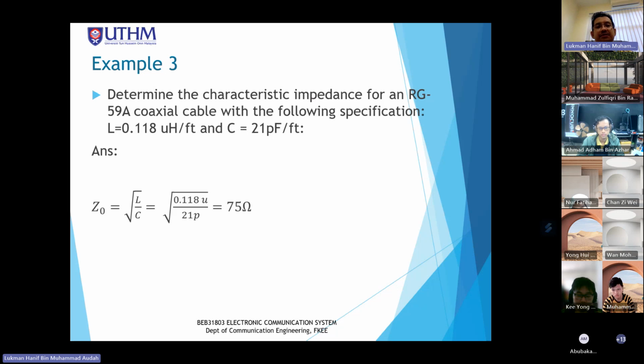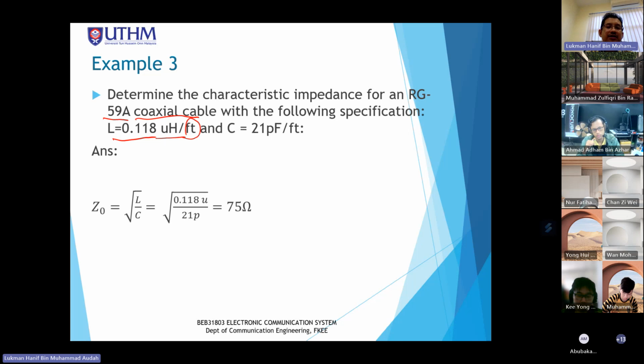Another example: determine the characteristic impedance for an RG59A coaxial cable with the following specification. The inductance parameter is 0.118 microhenry per feet.